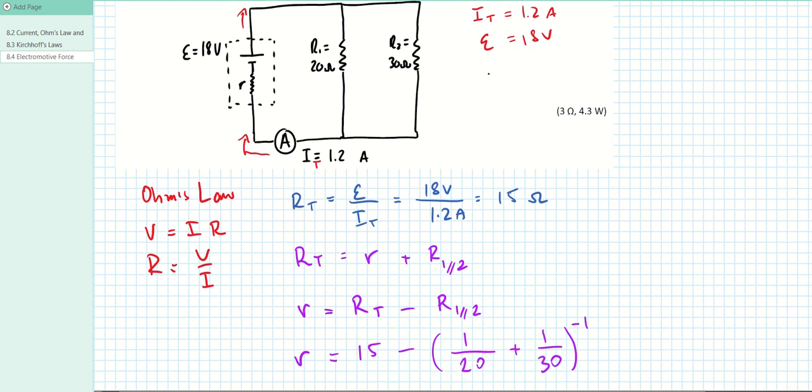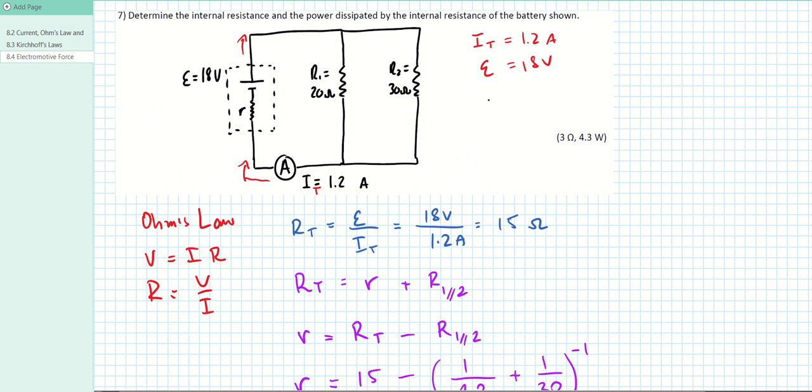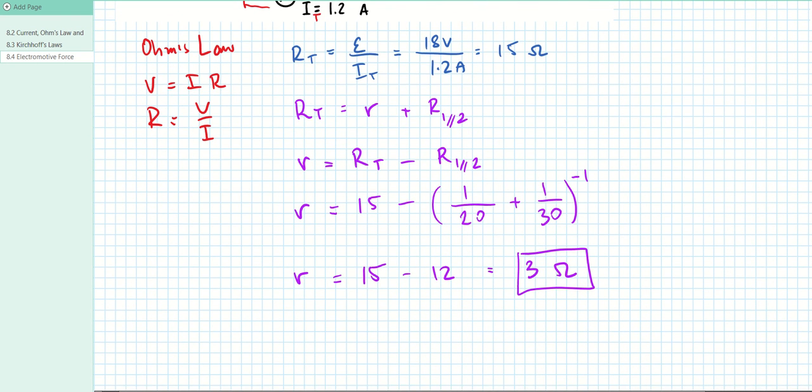Now the next part of the question is to find the power dissipated by the internal resistance of the battery. Remember, power can be written down in 3 different ways. In this case, we're going to use the equation for power as power equals I squared times R. The reason we want to do this is because we want to find the power through the resistor lowercase r.